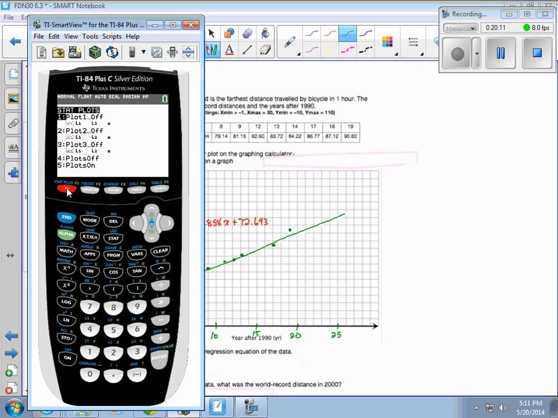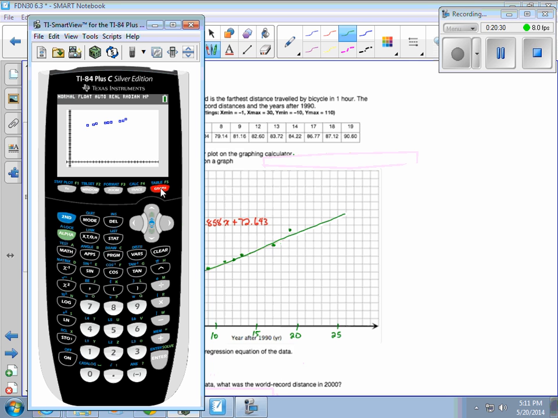Because I switched that other thing, plot 1 should be on. Hit enter. We want it on. Okay, and the rest is all okay. Now we should be able to graph. There we go. So up there is what we're looking at.